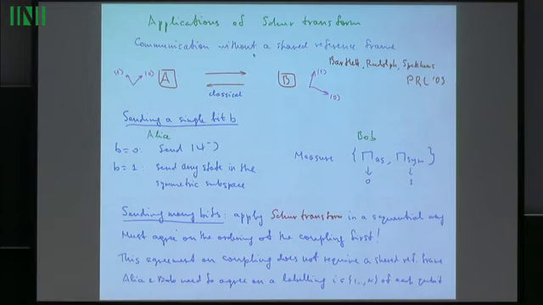And then she can send more information. How much more? She can send as many bits as the number of different irreps that occur in this decomposition.